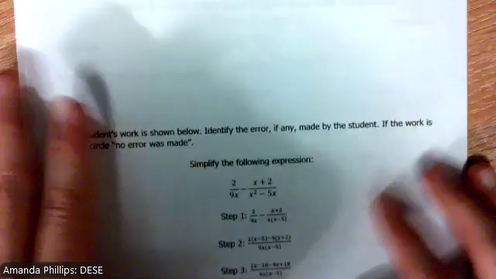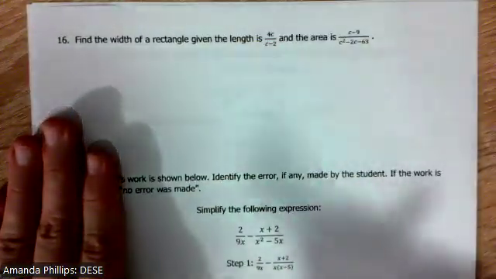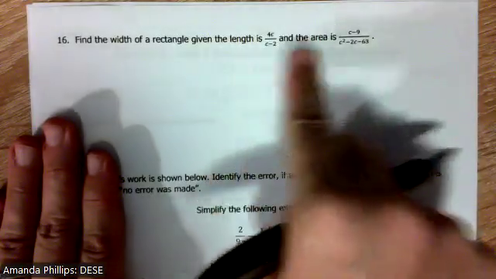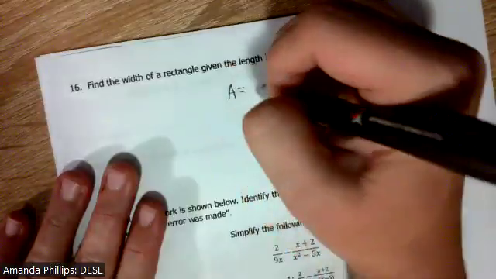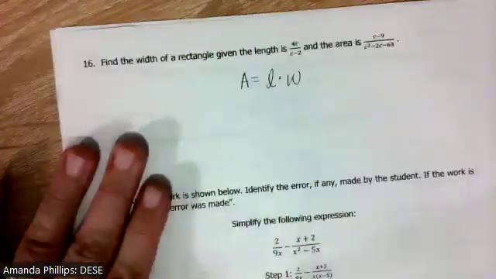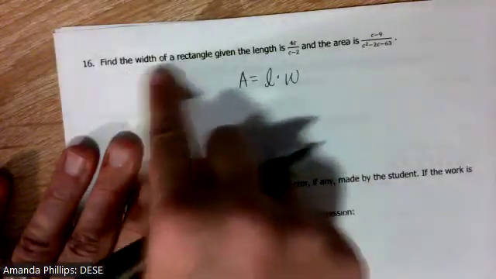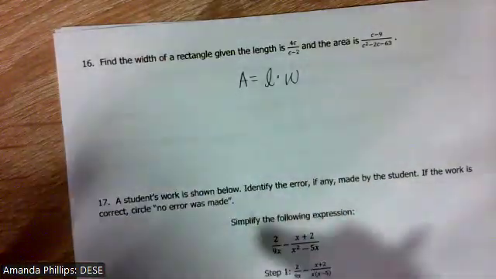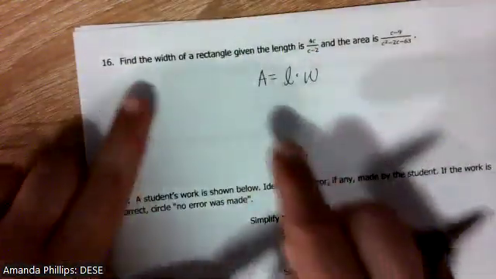All right, almost done. Okay, so 16, it says find the width of the rectangle given that the length is this and the area is this. Now, think what the area formula is. Area is length times width. In order to find the width, I always think first, how would I manipulate this equation to help me find the width?